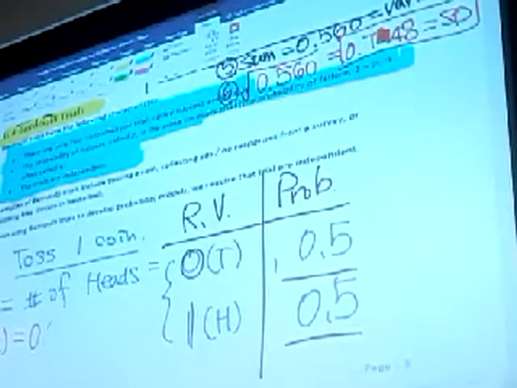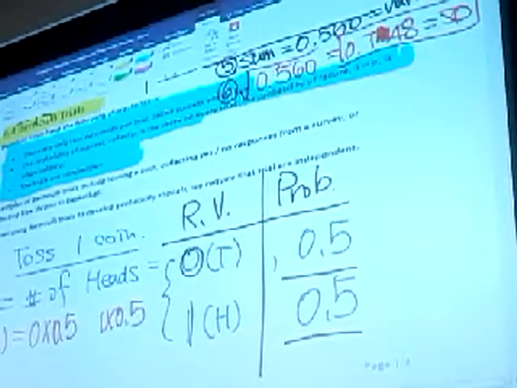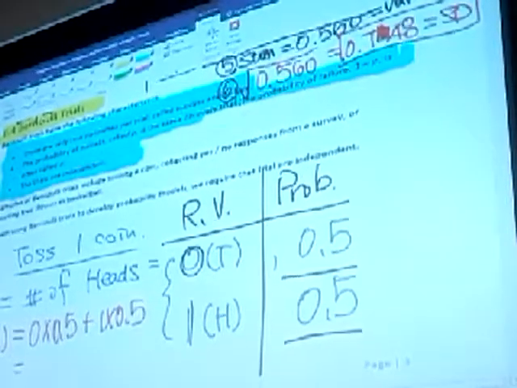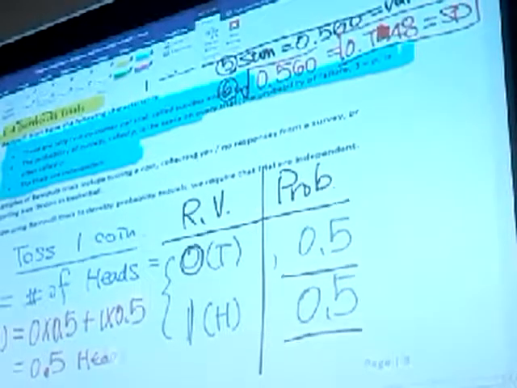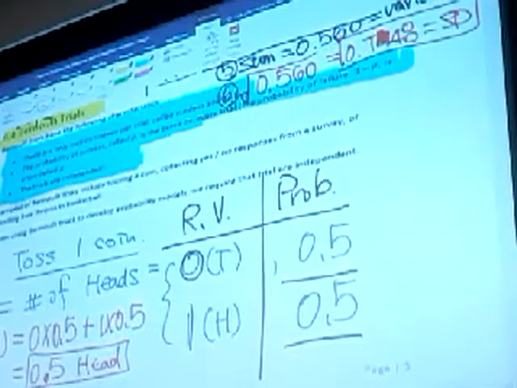There are only 2 cases. 0 times probability, 1 times probability, and take the sum. How much will it be? 0.5. 0.5 head.